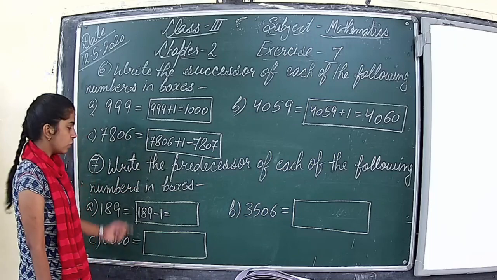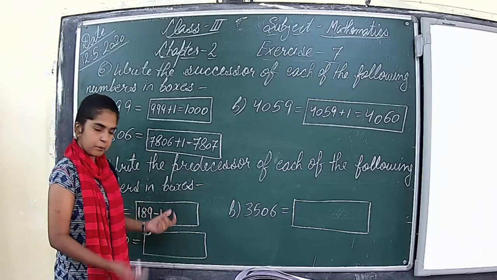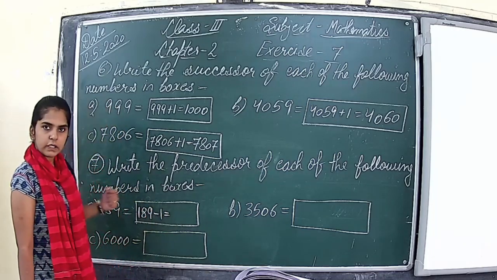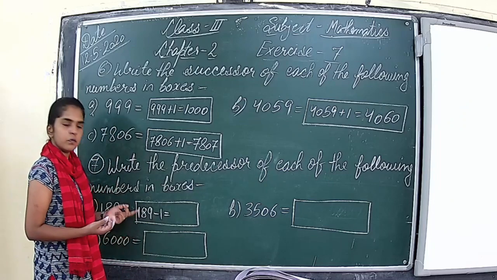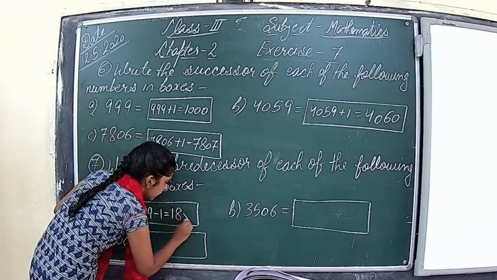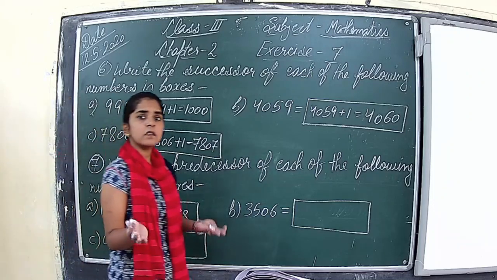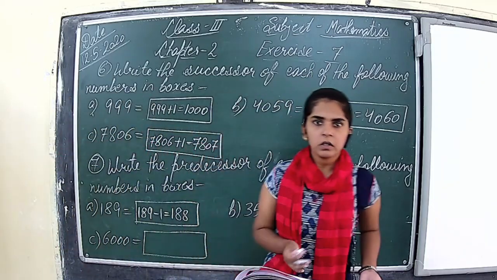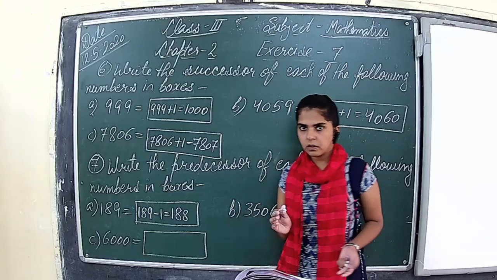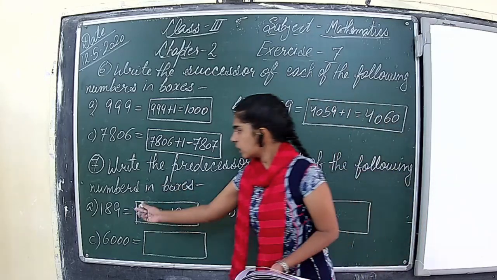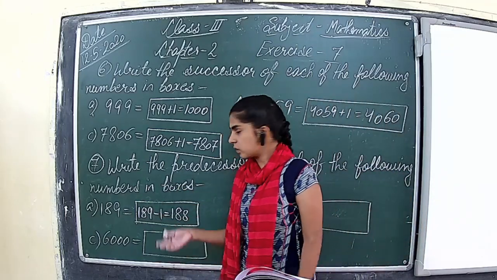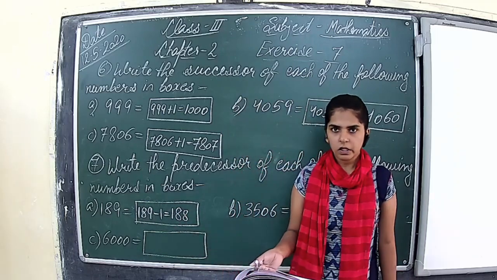We will subtract 1 from this number. So when we subtract 1 from 189, what will we get? We will get 188, right? Or we can say predecessor of a number means before the number. So before 189, which number comes? 188, right?